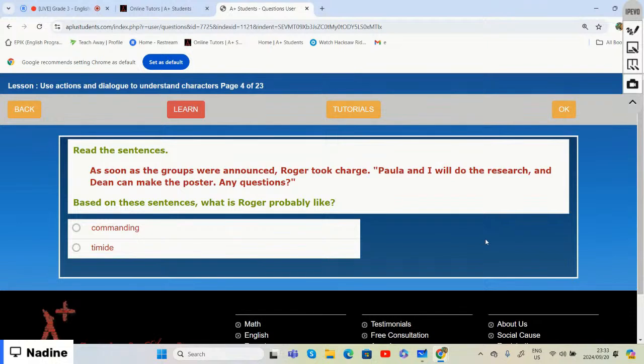All right. It says, as soon as the groups were announced, Roger took charge. "Paula and I will do the research, and Dean can make the posters. Any questions?" Based on what we read, what is Roger probably like?